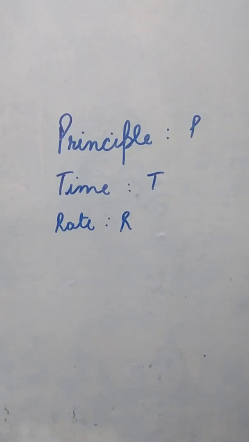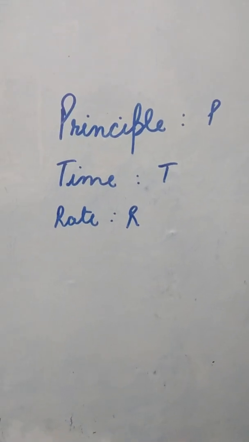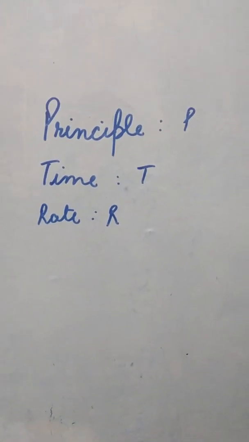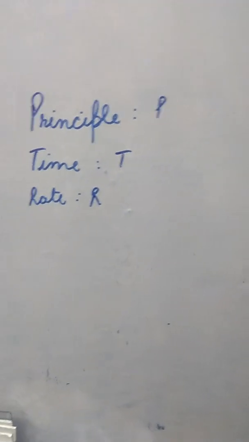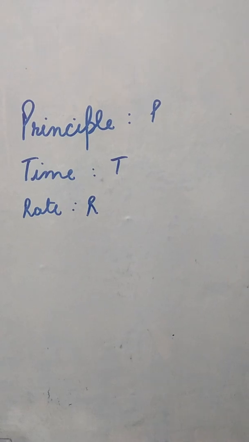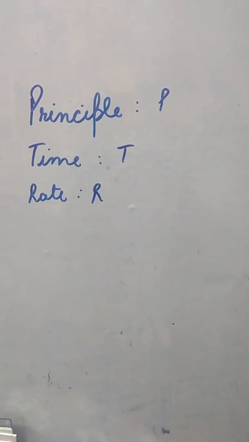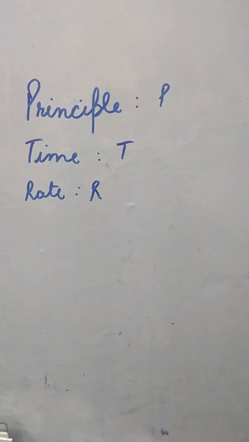Now let's talk about simple interest. When we talk about simple interest, we need to know about three things: principal, time, and rate. Principal is the amount that is borrowed, time is the time period after which the amount has to be returned, and rate is the rate of interest.